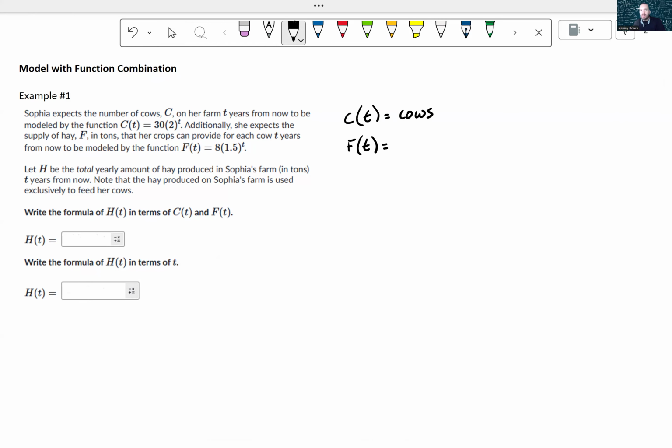So it says she expects the supply of hay F in tons that her crops can provide for each cow. So the hay that can be provided for each cow is the function F of T. So hay per cow is another way that we can write this.